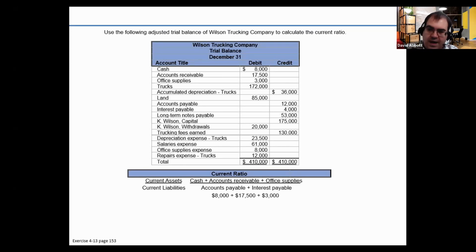So 8,000 plus 17,500 plus 3,000, and then we have 12,000 plus 4,000. So our current assets are 28,500 divided by our current liabilities of 16,000. That means our current ratio is 1.78.